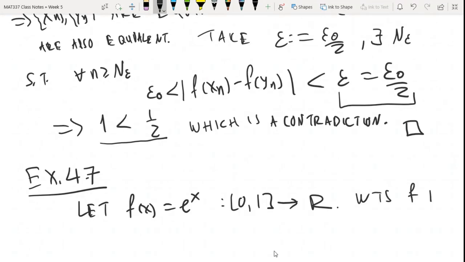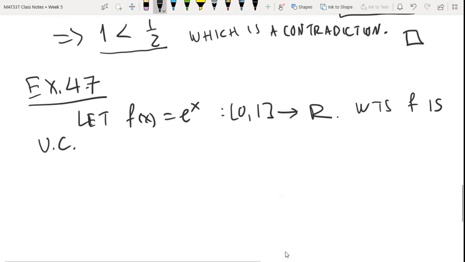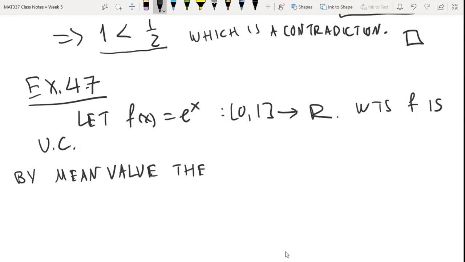Want to show f is UC. All right. We will use the mean value theorem. By mean value theorem, what do we have?